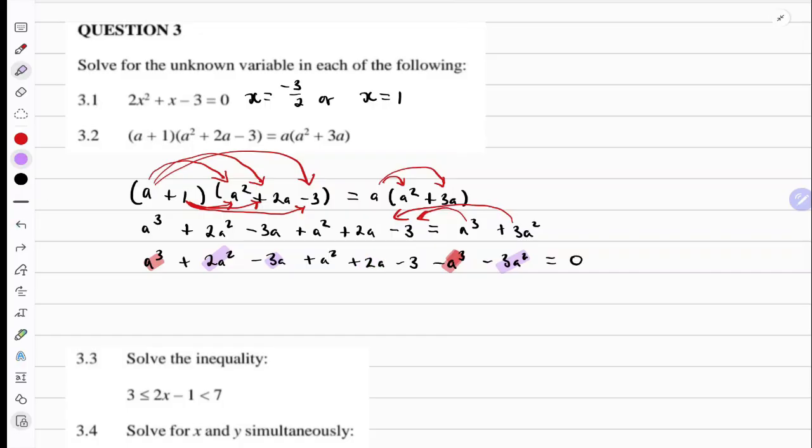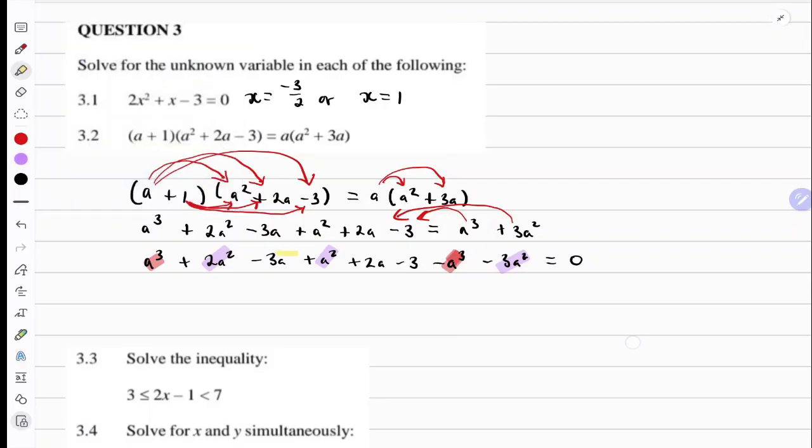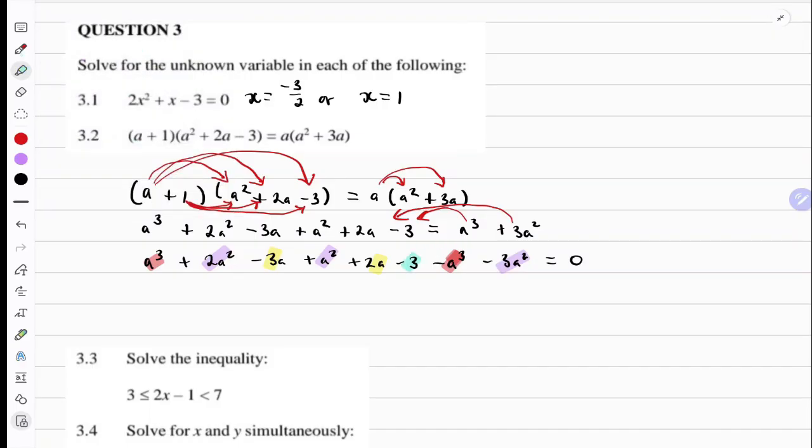Let me just, I skipped one here, a squared as well. So I'll just use maybe green for the a terms. And then for the 3, I'll also use a different color. So let's group like terms, or add and subtract like terms.